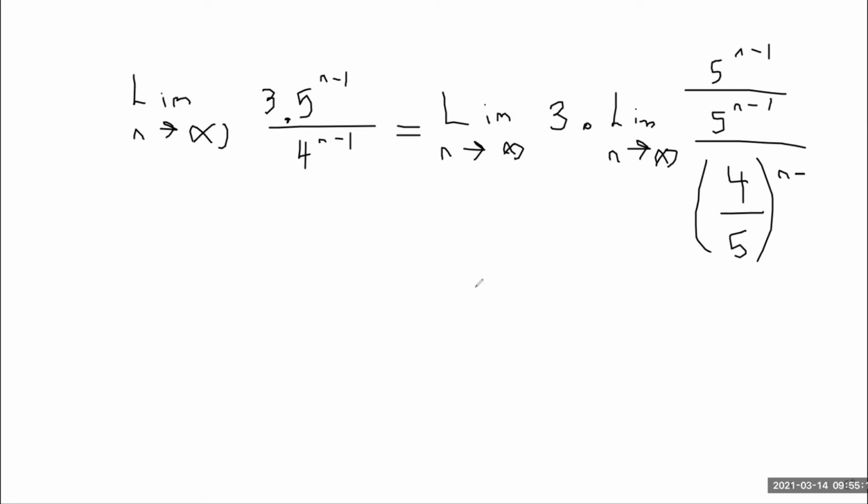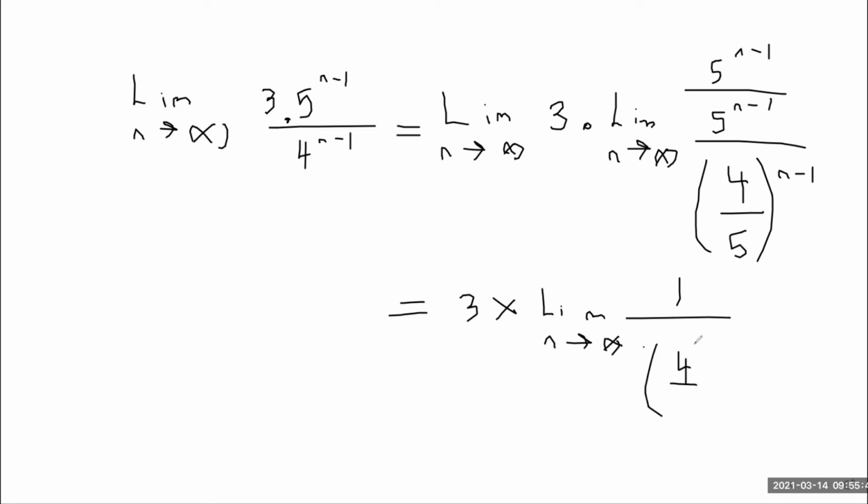Now this works out to be the limit of 3, which is just 3, times the limit as n approaches infinity of 1 over 4 over 5 to the n minus 1.